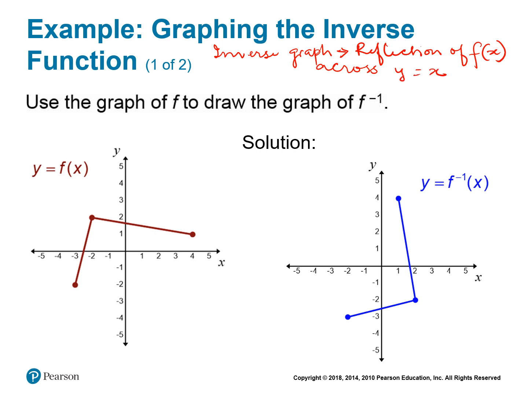So what is y equals x? Y equals x is a line that passes through the intersection of the x and y axis. It passes through 0, 0.